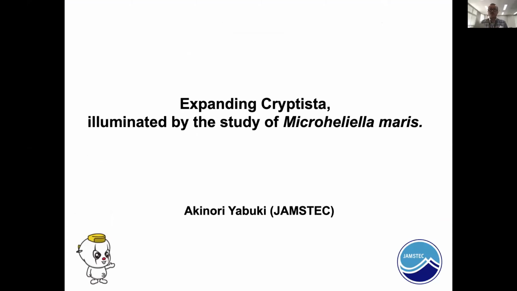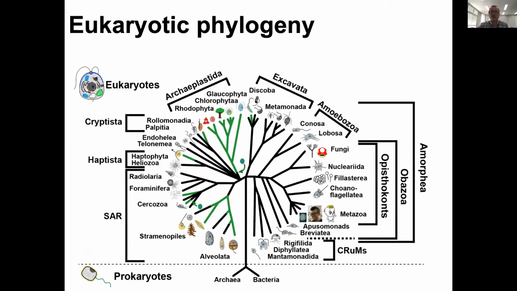Thank you very much for giving me such a nice opportunity to introduce my work. Today I would like to talk about Microheliella maris. This is the background information. As you know already, there are various morphologically diverse organisms in eukaryotes, and many independent lineages.